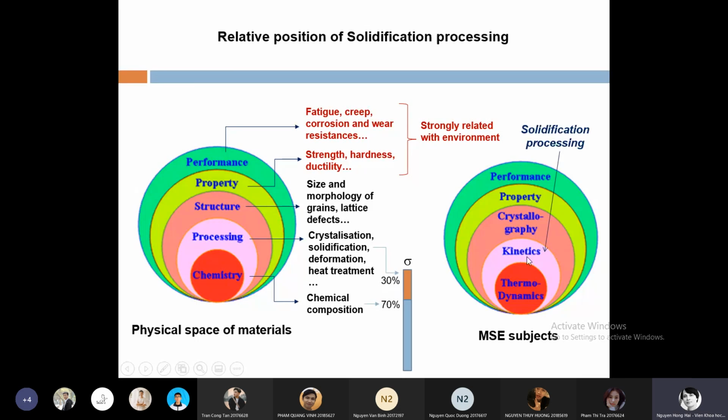Of course, kinetics, solidification processes, belonging to the processing. And we know that the difficulty of the subject increases toward the center. So our course is rather difficult, not easy. Okay, this is the relative position of our course, solidification processing.